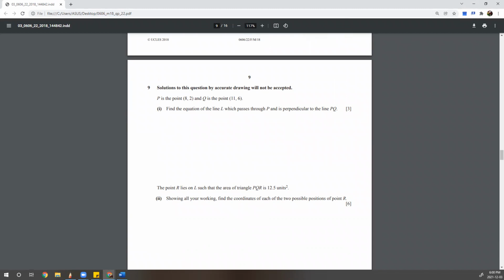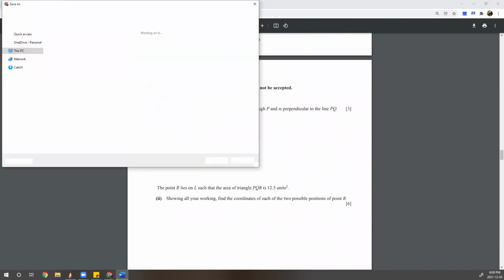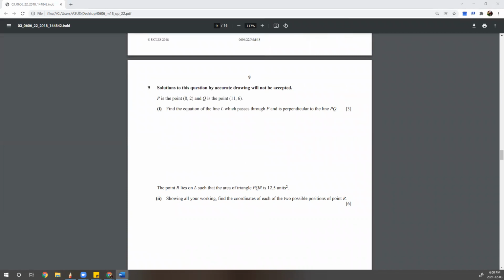It might be on the left side or right side of the P. Yeah. What does it mean by the point R lies on L? The point R lies on the line L that we already get just now. Okay. The 3/4 thing. Wait, I'm giving you the PDF, so you might look at it. Well, okay. So I have two more questions.